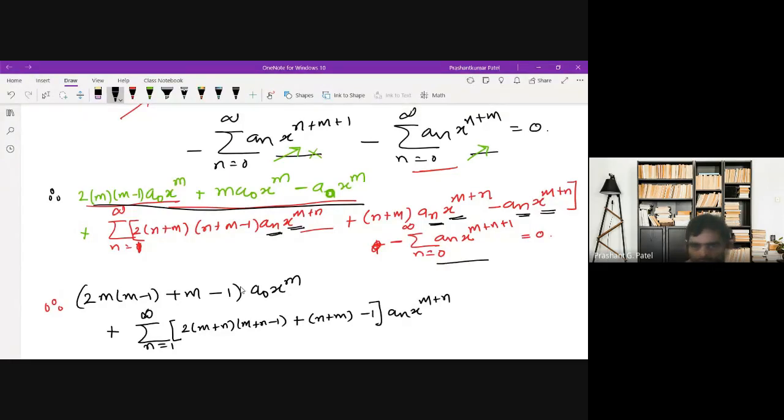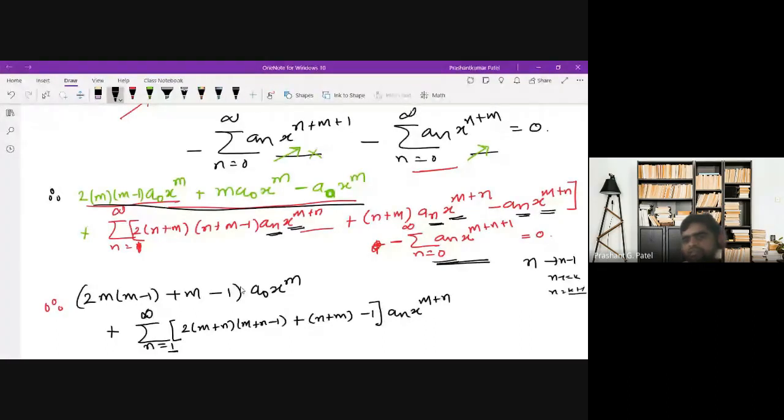Now here in this last sum, since this starts with 1, I want this to also start with 1, so that I can combine both of them. So what we can do is, instead of n, I'm replacing n minus 1 by k. So what will happen? n will be k plus 1.